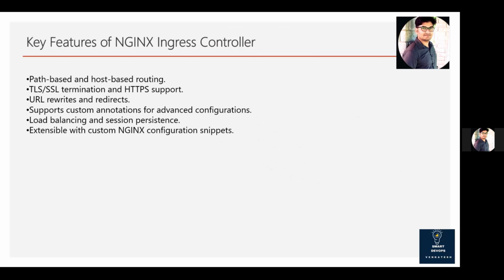For example, you are using an NGINX service and you want to attach it to a normal service. How will that service identify that the NGINX service is running and attach to it? Using annotations, you can say that this NGINX is running and attach it to this service. That is the basic usage of annotations. I'll explain more in my demo.